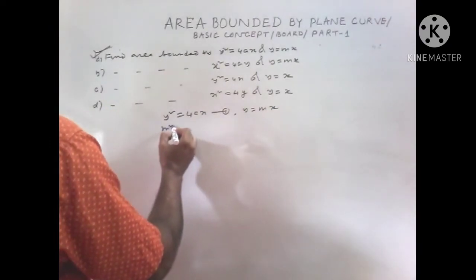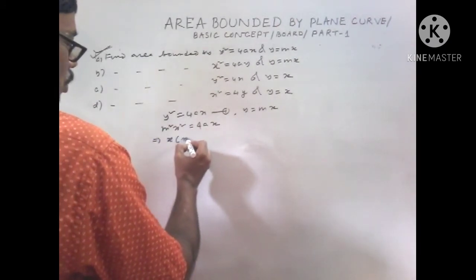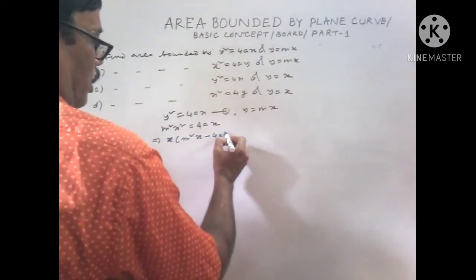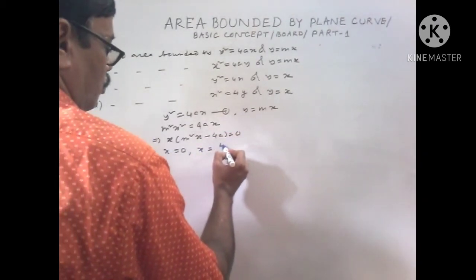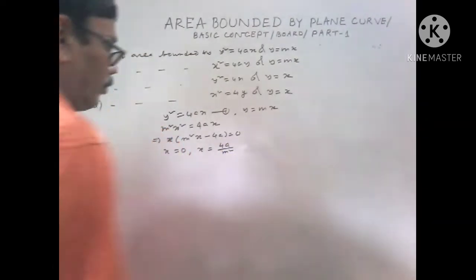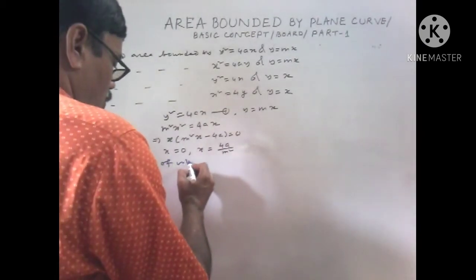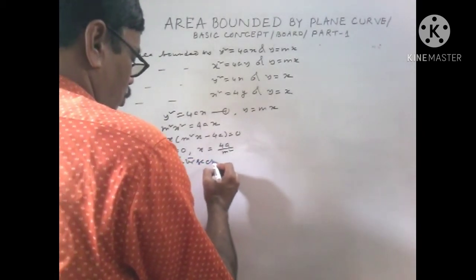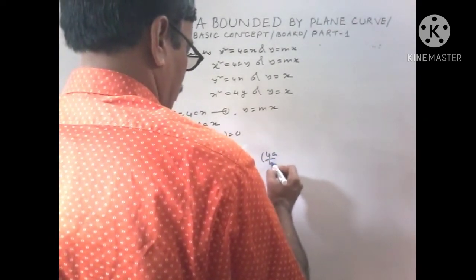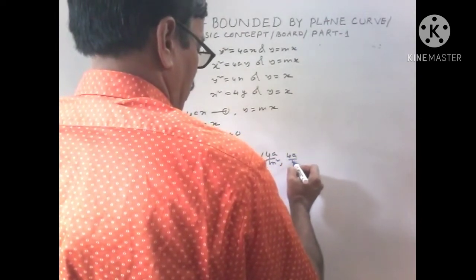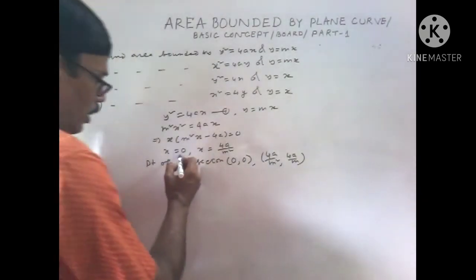So look, m square x square equals 4ax. So x common, x(m square x minus 4a) equals 0. So x equals 0, x equals 4a by m square. So that is the point of intersection. For both problems, if you find up to this point of intersection, you get 1 mark. So 4a by m, the m is cancelled. We need only the x coordinate.